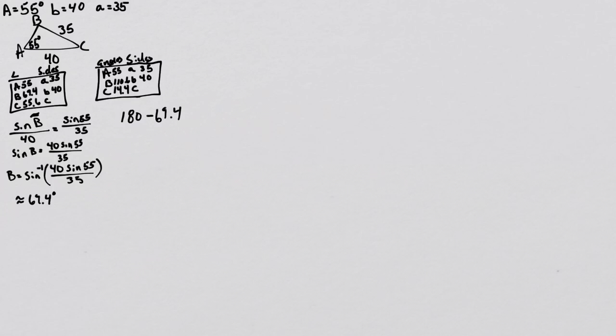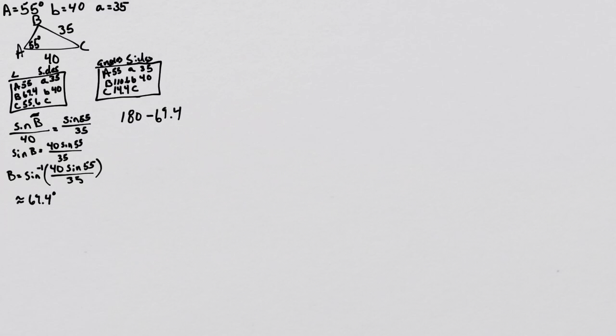So the only thing left to solve in these two triangles is side C. Now, a quick built-in check. If you remember from algebra, your largest side has to be across from your largest angle. Your middle angle will be across from the middle length side, and your smallest angle will be across from the smallest side.